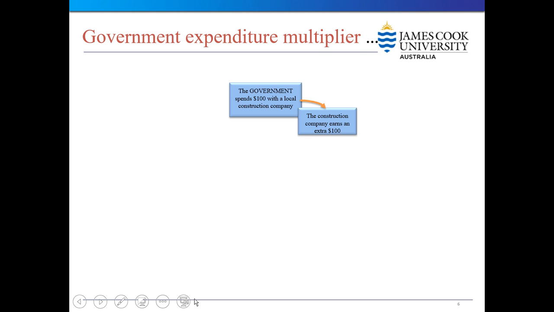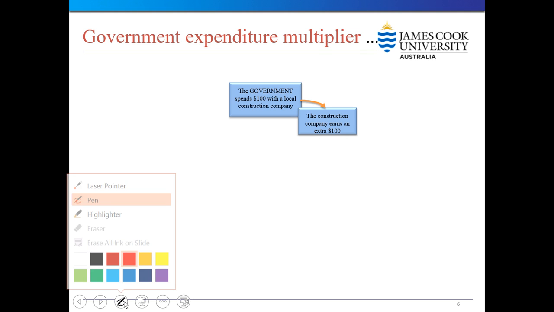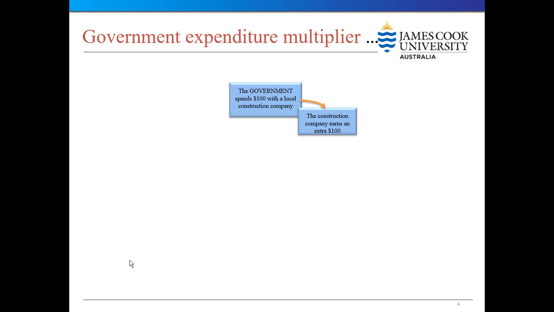The construction company earns an extra $100. So at this point, the aggregate demand in the economy increased by $100. Then this company has to give some of that money to the government in tax.